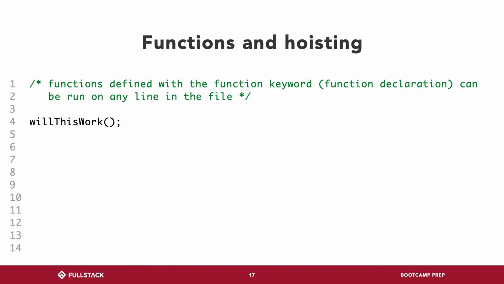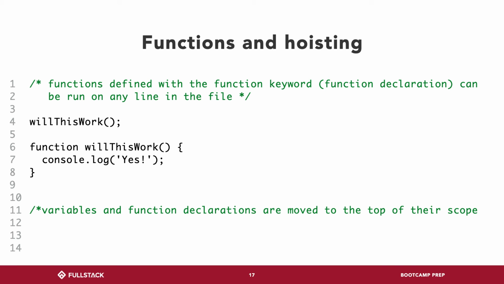Functions and hoisting. Functions defined with the function keyword, the function declaration, can be run on any line in the file. Will this work? Yes. Variables and function declarations are moved to the top of their scope before code execution.